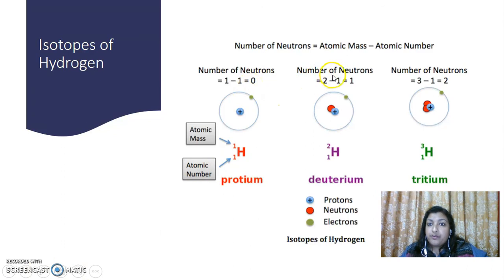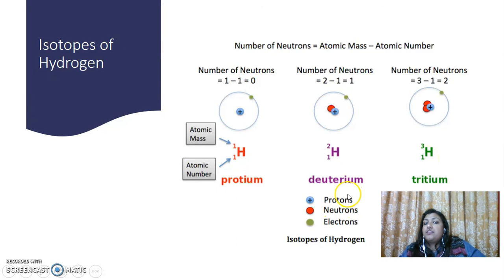And the number of neutrons in deuterium, which is another isotope, comes to 1, and in tritium, which is a third isotope, there are 2 neutrons. So in this way, you can see that the number of protons, or the atomic number, of hydrogen doesn't change.